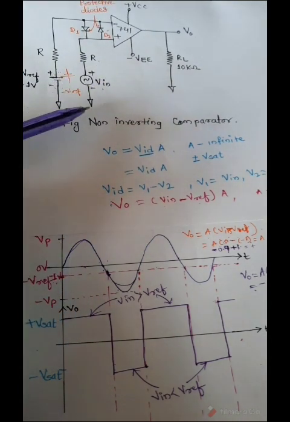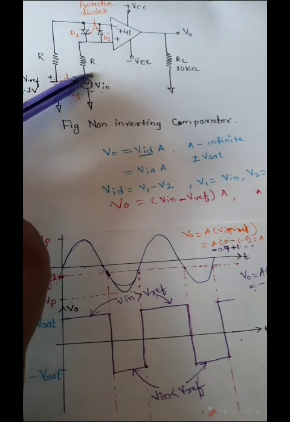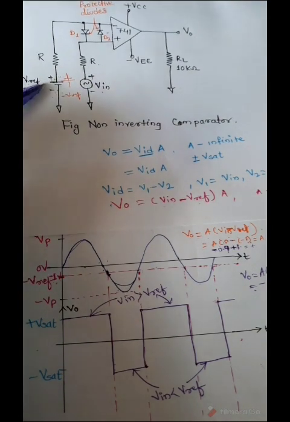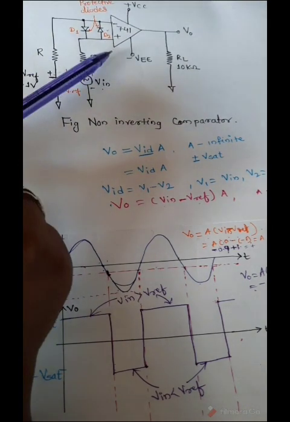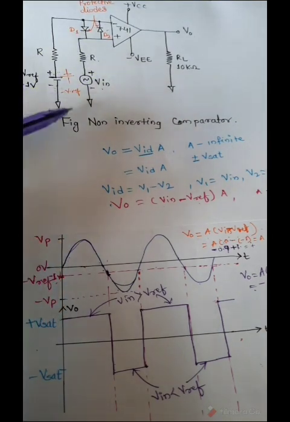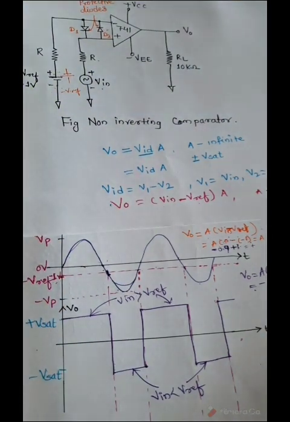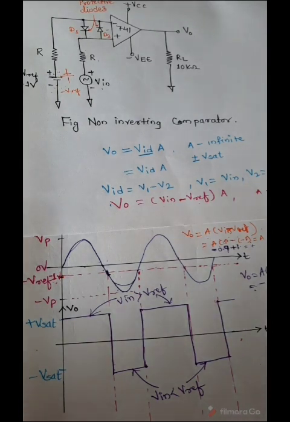We'll see next when we provide this time varying signal to the inverting input terminal and the reference voltage to the non-inverting terminal, that is nothing but the inverting comparator circuit, and we are going to see its input and output waveforms too. So in this lecture we have seen the non-inverting comparator, how this circuit compares the two signals provided to the two inputs. Okay, thank you.